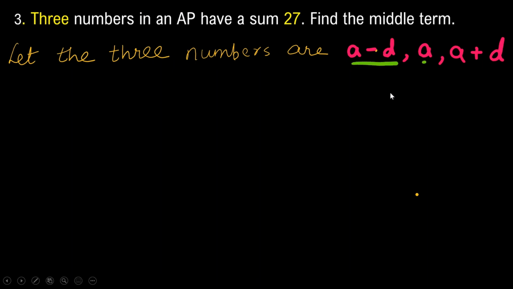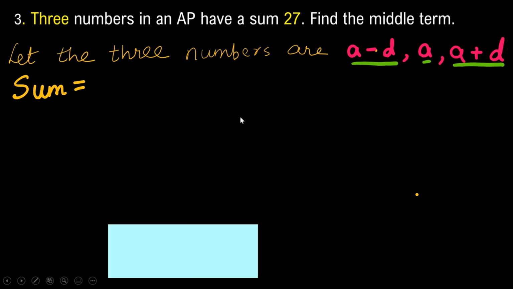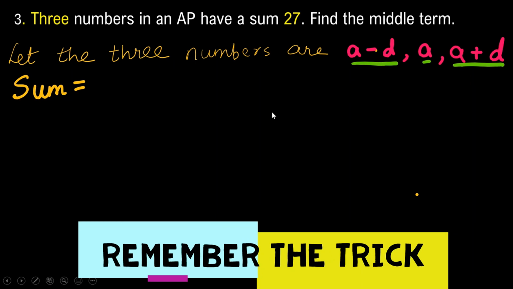You see that it is also the difference is D, right? So common difference is D. Similarly, if you are given that 5 numbers in AP have some sum, then you will take as A minus 2D, A minus D, A, A plus D, A plus 2D. So this is a trick that you will use in your problem solving whenever you solve these type of problems.